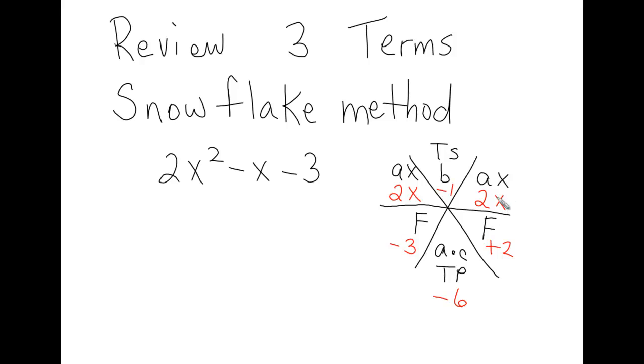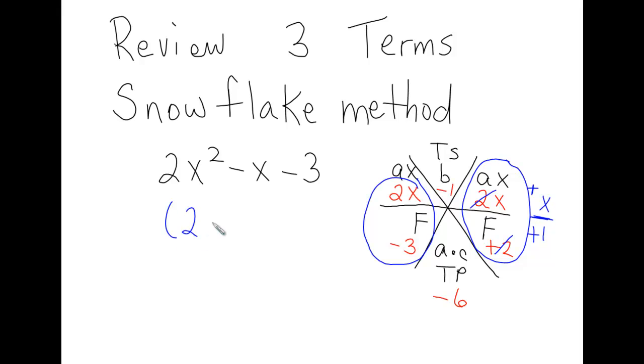Now we treat this like a fraction and reduce this piece and this piece if we can. On the right-hand side, 2 goes into 2 one time, so this is x plus 1. The sign stays on the bottom. This number is always positive. And on the left-hand side, 2x minus 3 cannot be factored. So these are the two factors, 2x minus 3 and x plus 1.